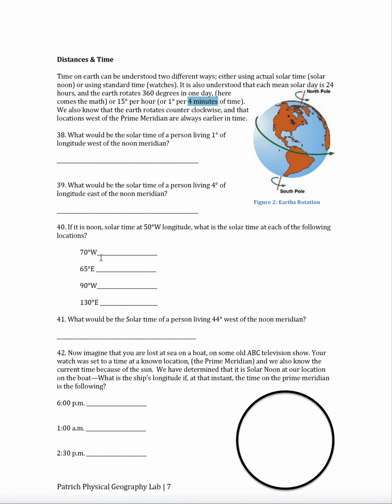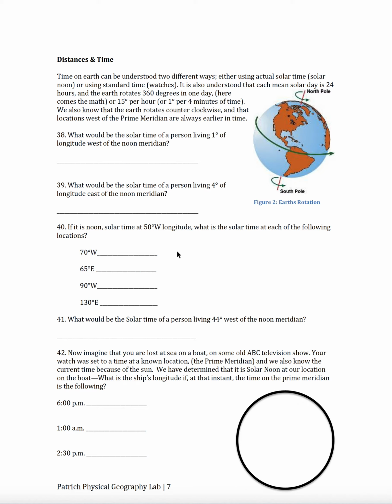So that means they're going to be 1 hour and 20 minutes earlier than me because they are west of my location. So if I'm at noon and they're 1 hour and 20 minutes earlier, they're going to be 10:40 a.m. So the answer for this one is 10:40 a.m.